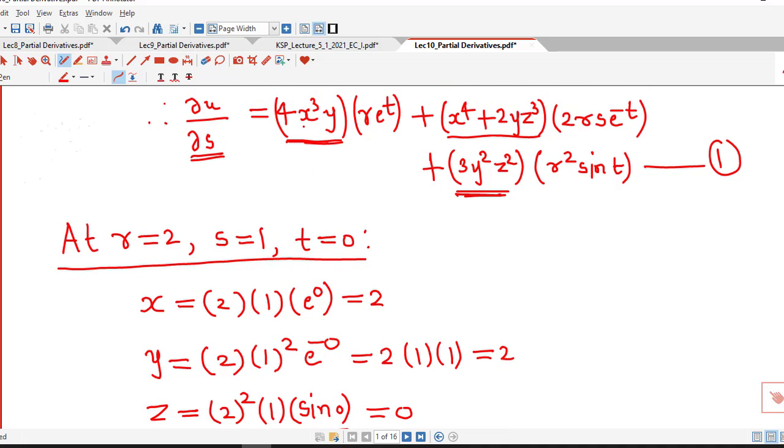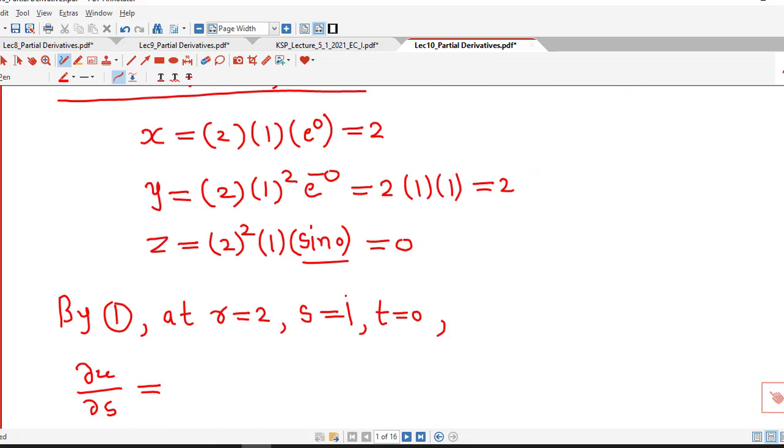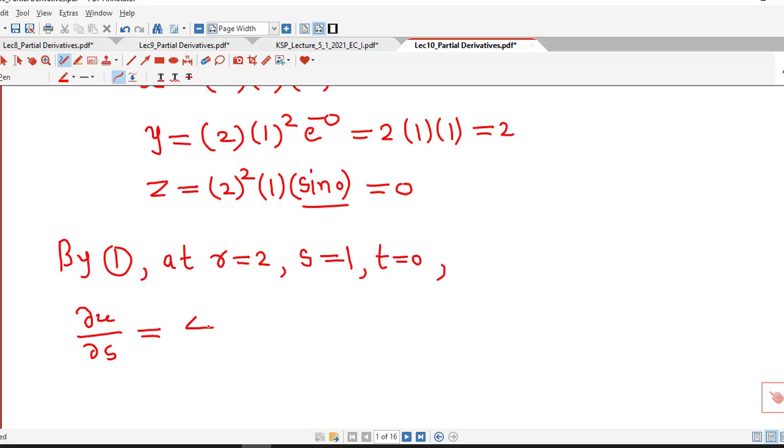So here in the first term we have x cube into y and 4. So value of x is 2 and value of y is 2 at these values of r, s, t. So we put x equal to 2 and y equal to 2. So it is 4x cube. So x is 2 and y is also 2.